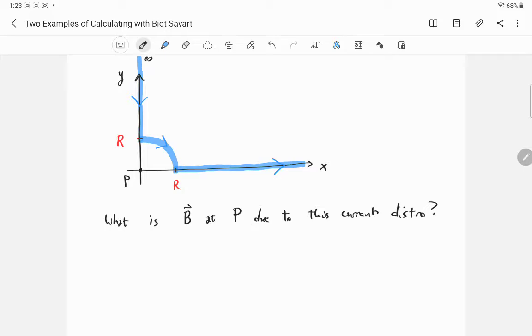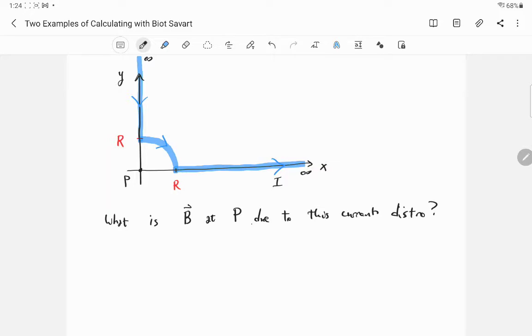Then it takes a circular arc, so it stays the same radial distance away, but transfers over to the positive x-axis, and then again runs away to infinity along the positive x-axis. And everywhere along this particular wire is the current I.